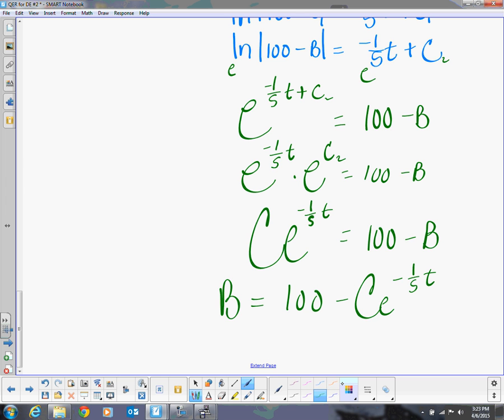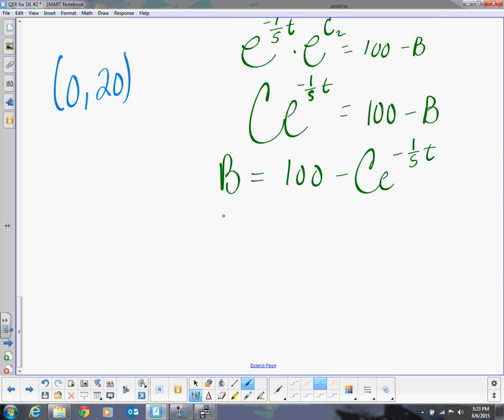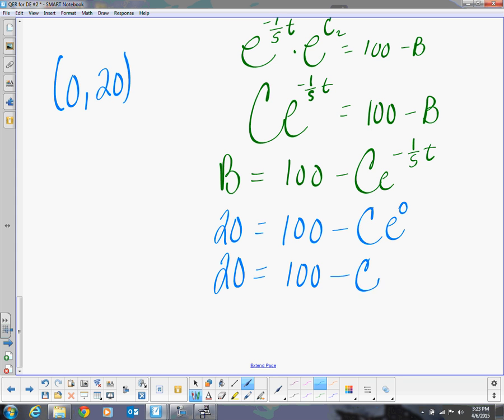All right. They gave us an initial condition, and they repeated it, which is amazing. They don't always do that. So that tells me the weight is 20 when my little bird has been weighed for the first time, which is e to the 0, which is 1. So 20 equals 100 minus c, or -80 equals -c, or c is going to be +80.